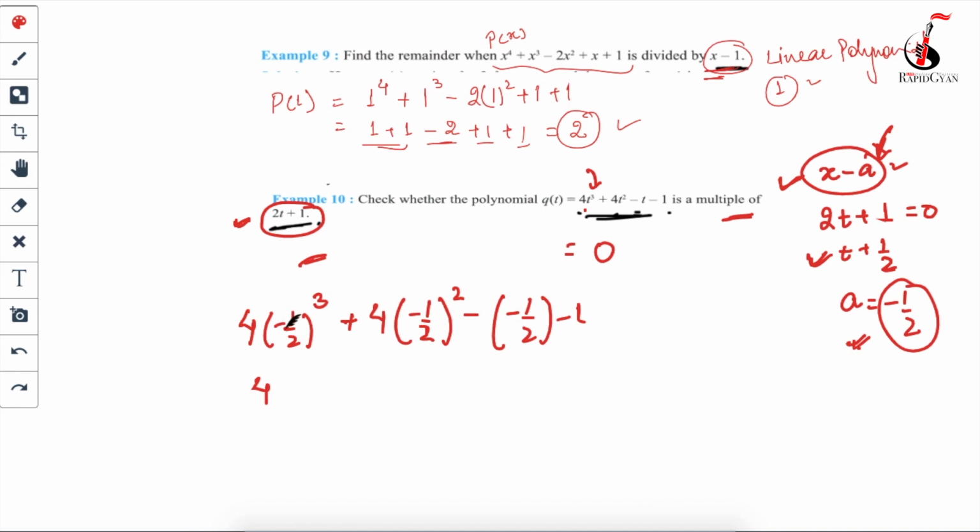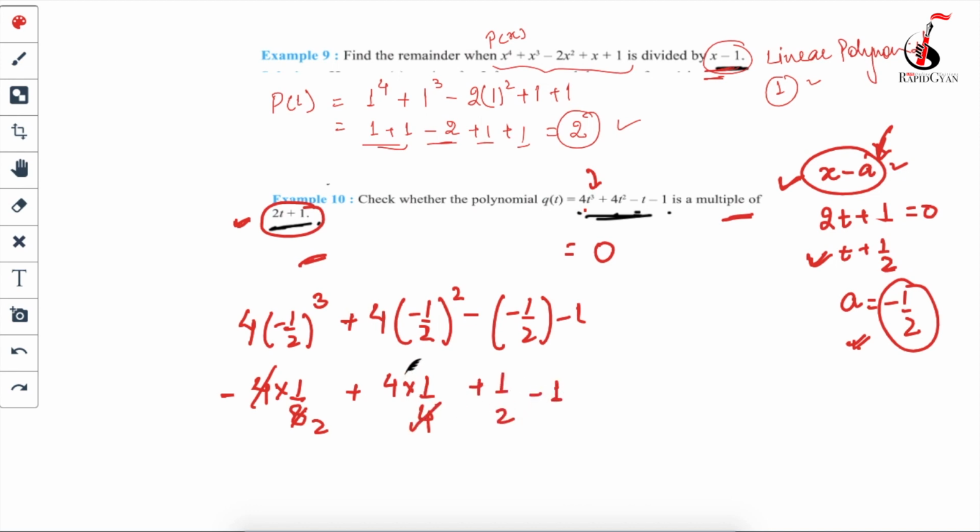Minus will be multiplied 3 times, so this will remain minus, and 1 upon 2 cube. 2 cube is 2 to the 4 to the 8, so 4 into 1 upon 8. Then plus minus 1 by 2 square, means 4 into 1 by 4. Minus into minus will become plus. Then minus minus will become plus 1 by 2, and then minus 1.